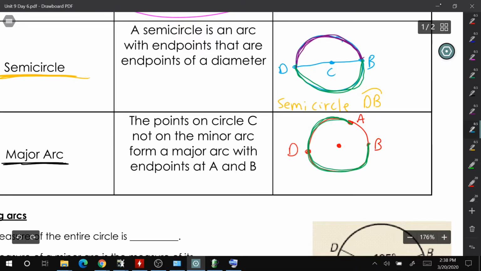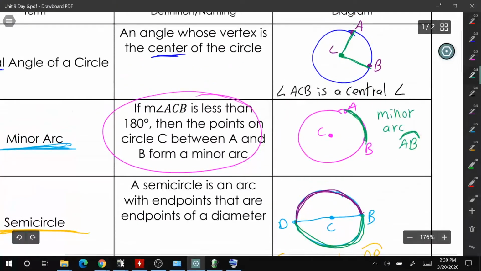So we would say that this is arc ADB, with the arc symbol. Adding that third letter tells us that we're not going from A right to B, that instead we're starting at A, we go to point D, and then to point B. So that's how you can tell that it is a major arc and not the minor one like we had up here.